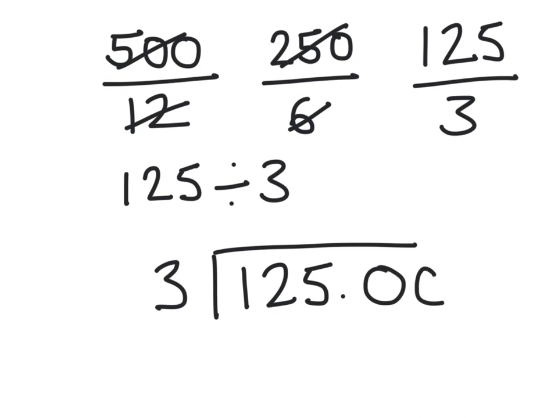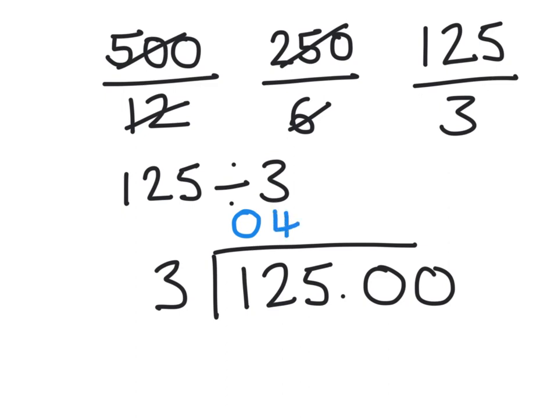As always, I like to put a couple of trailing zeros on the end, just so that I can work with my remainders and decimals quite easily without having to stop to think about them at a later stage. So, first question, 3 into 1 doesn't go, so I put a 0 up there. 3 into 12 goes 4 times.